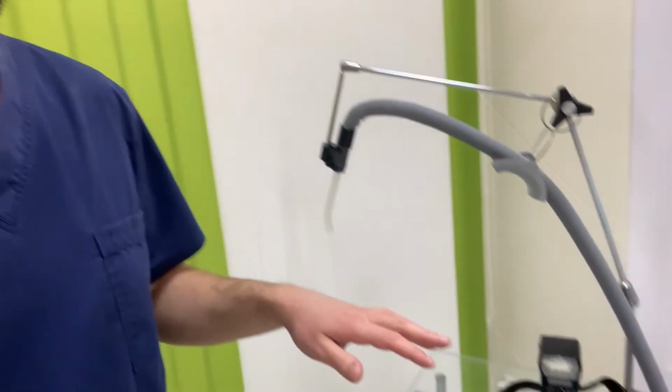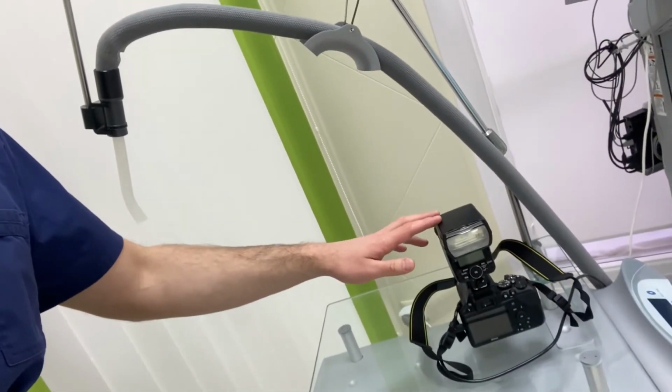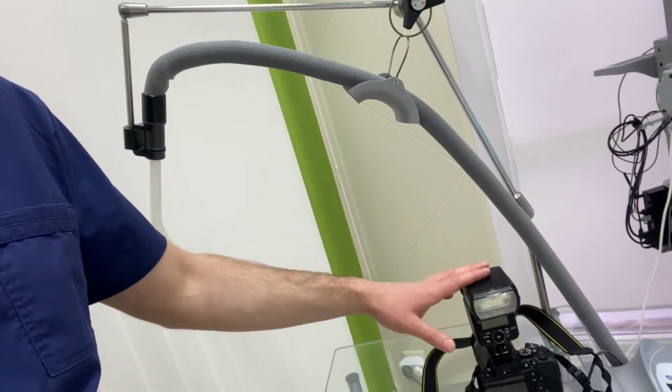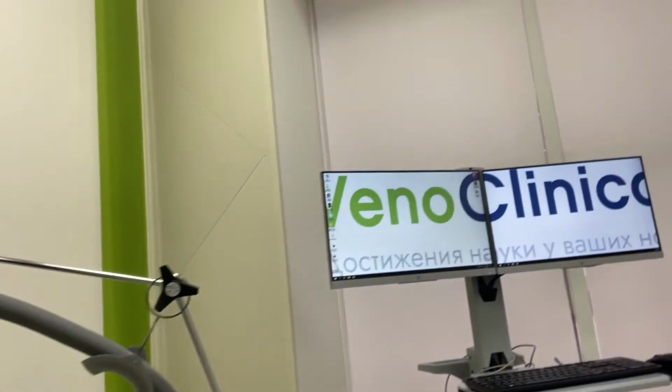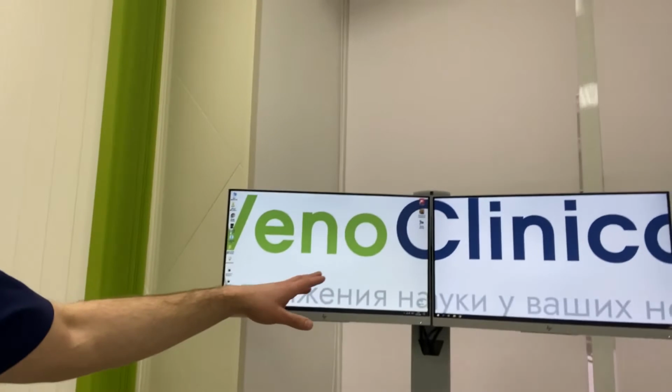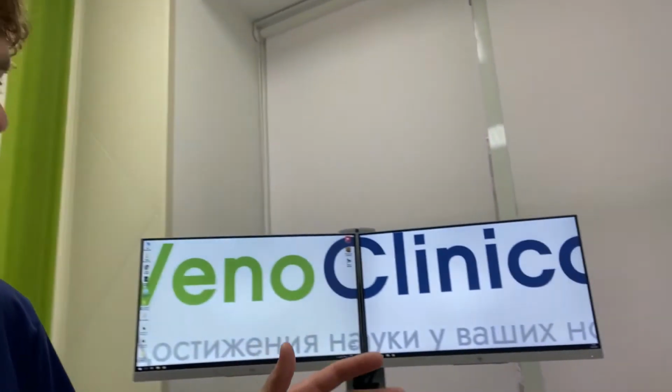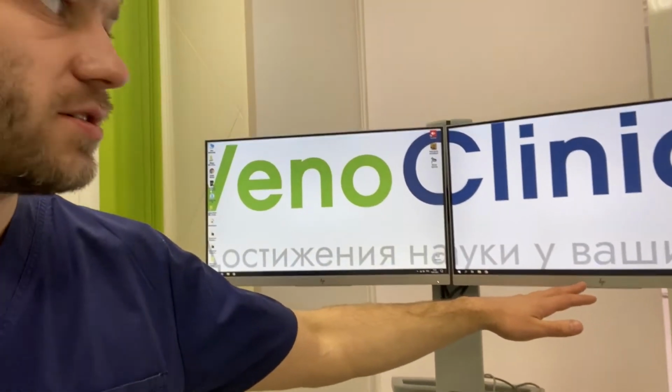Here we have a photo camera, which is extremely important for CLaCS. When we take a picture, these pictures go to this screen. When we have a follow-up procedure, before we start the second procedure, we take pictures again, and they go directly to the second screen.